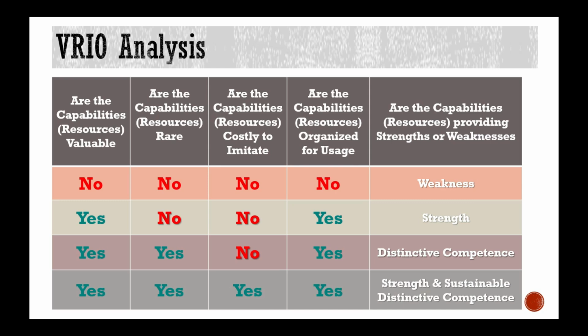But if any three of the characteristics are present in their resources, then it will help them produce competitive advantage, and having all four characteristics in their resources will help organizations develop sustainable competitive advantage, and hence they can earn profits over a longer period compared to their competitors.